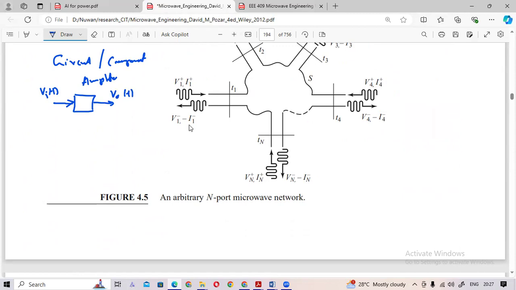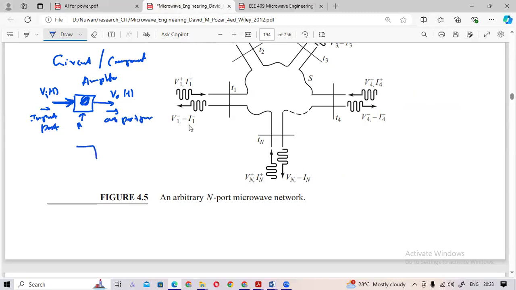That is the function of an amplifier. It processes the signal and does the amplification and gives the output. So it has an input port, and it has an output port also.